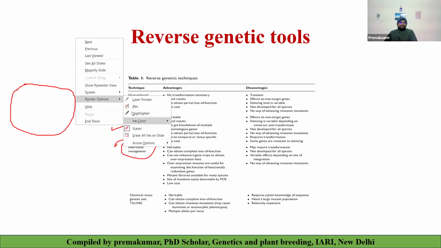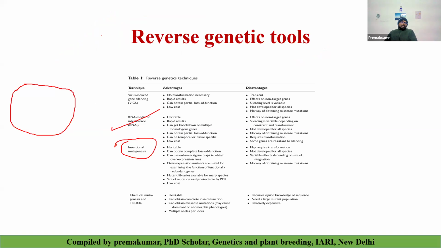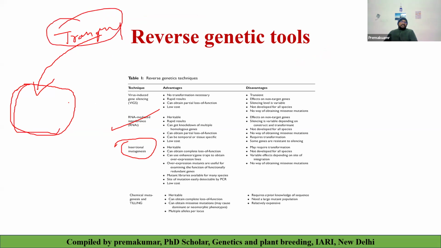What is insertion? Addition of a few bases, or genes, whatever it may be, through your transgene. For example, you are inserting a transgene into this genetic background. If you are introducing a transgene into this DNA, somewhere it will come and bind.